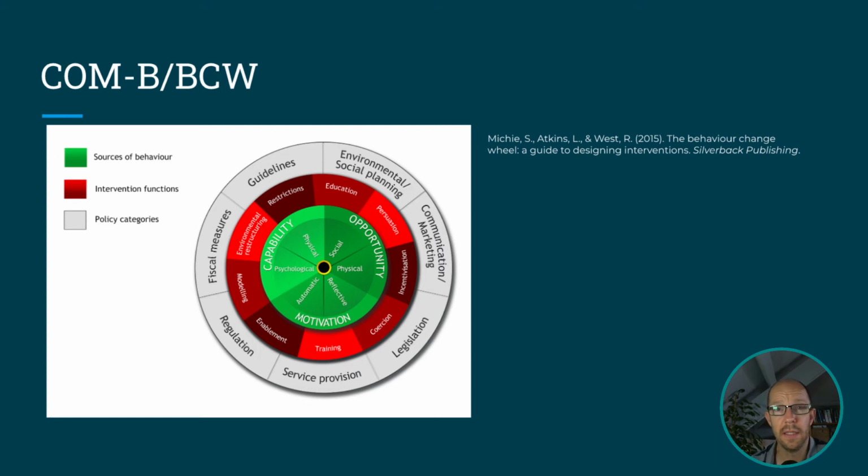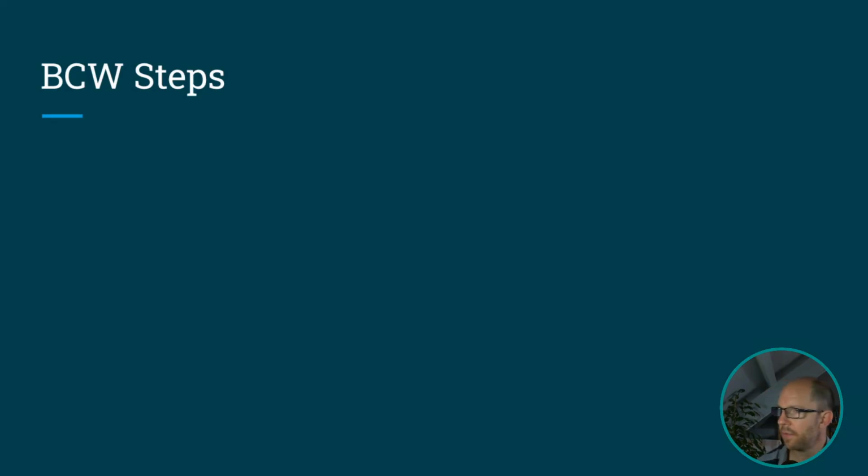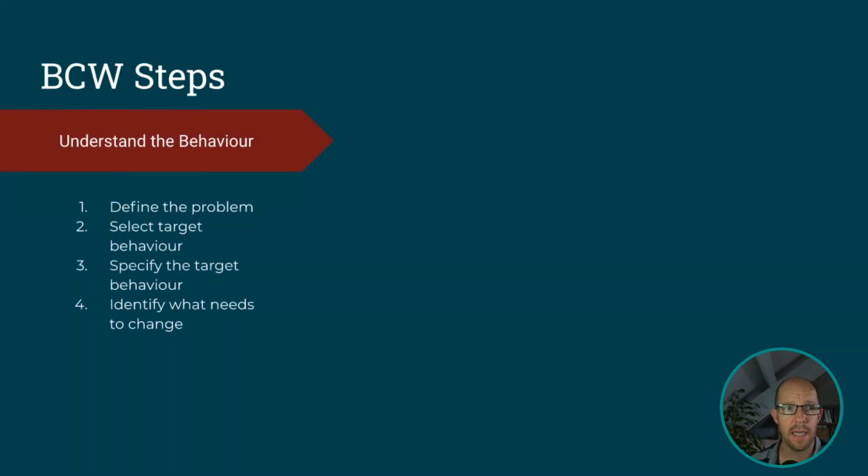Then more broadly, on the outer ring, we look at some of those public policy changes that can wrap around a community and an individual and help make those the best choices, the healthy choices, the better choices. So that would be the COM-B model and the behaviour change wheel.